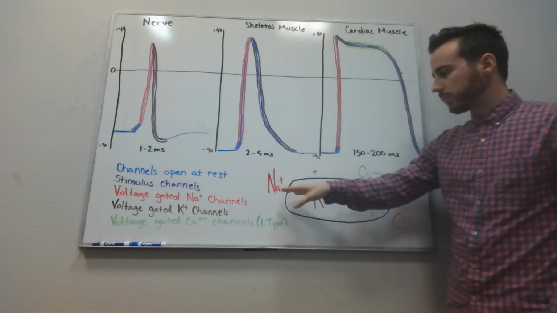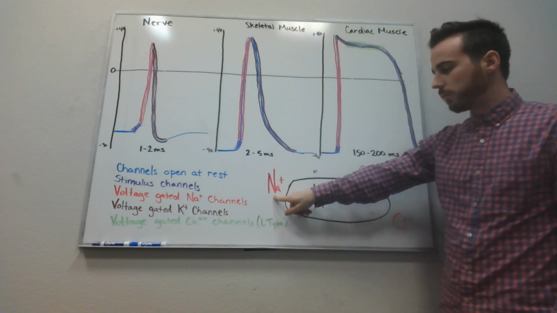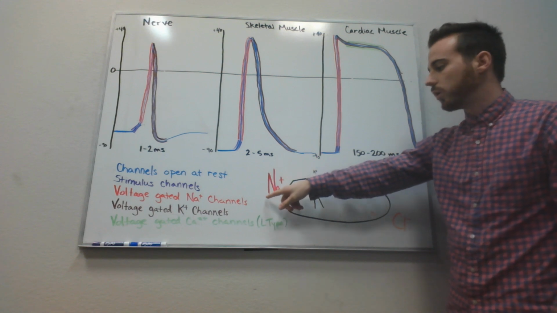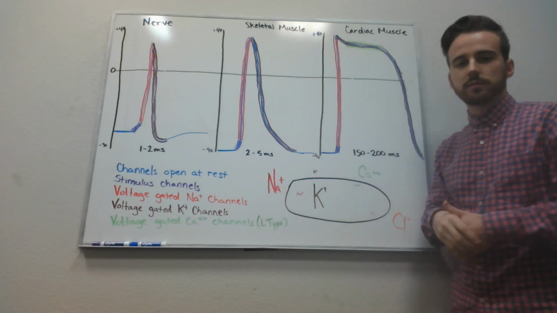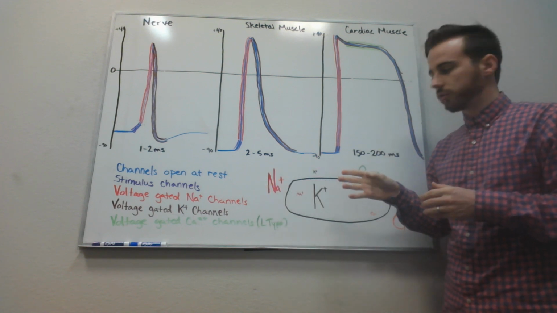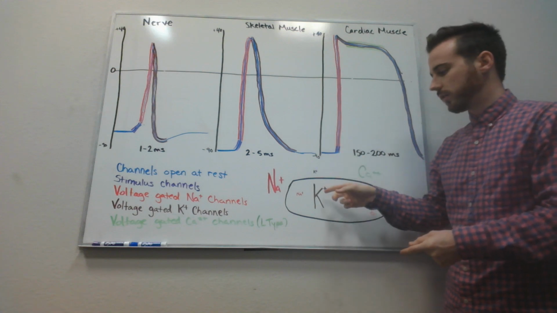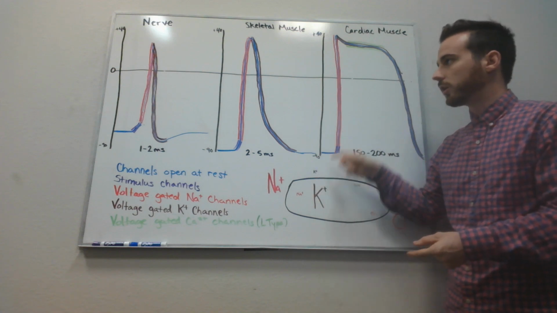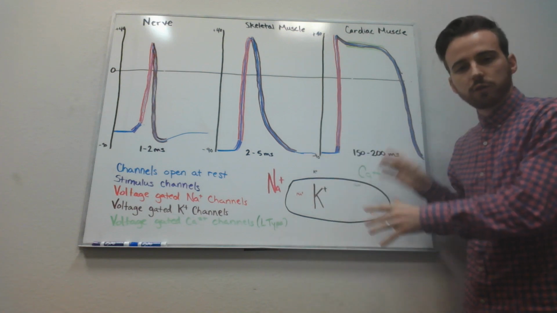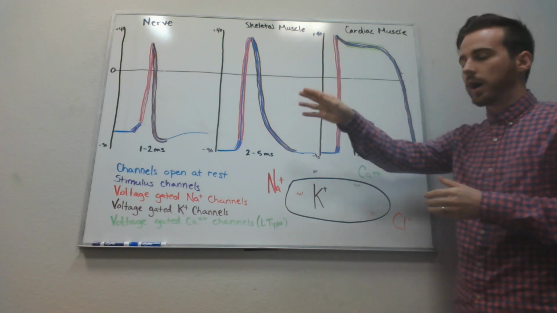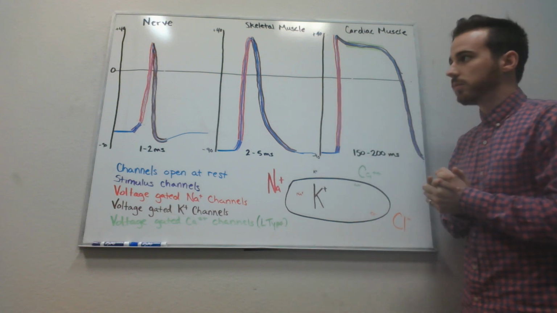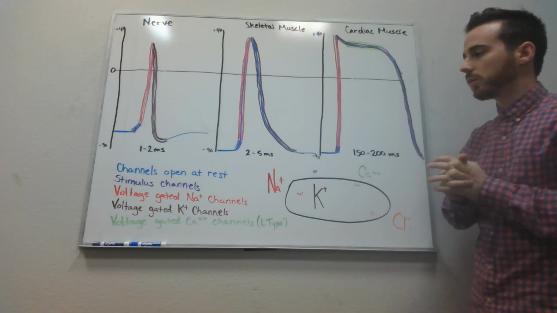Now, if the ion is more highly concentrated outside, then it's going to want to go into the cell when those channels are open, and vice versa. If it's more highly concentrated inside, it's going to want to go out. And we can kind of use that to rationalize why we're seeing what we see here, okay?